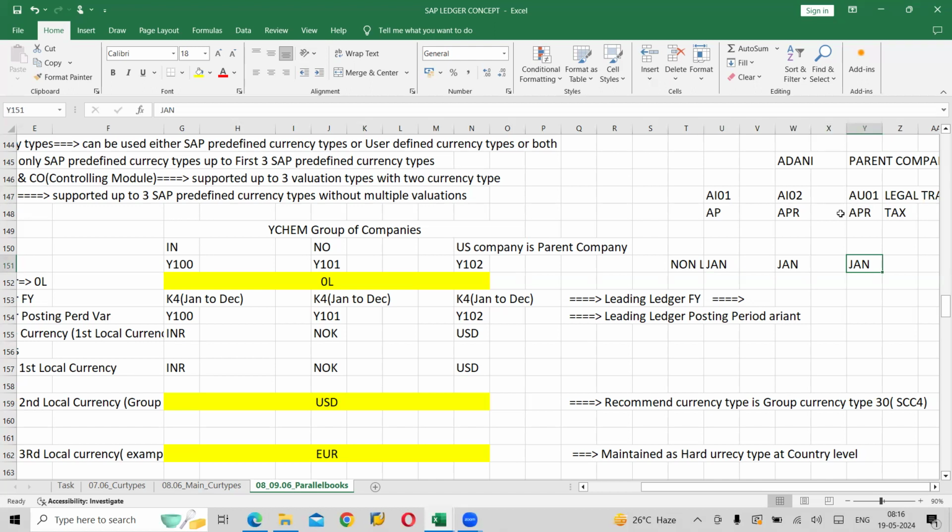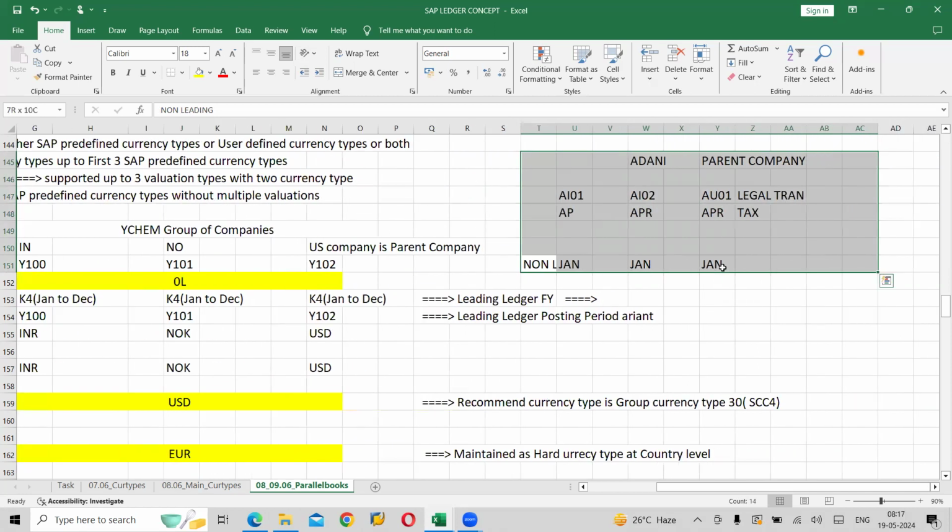What transactions will we do? Ledger-specific postings, which we saw. Only for year-end or month-end purpose we will do ledger postings, because my parent company is in India but I am doing transactions in other countries. For that purpose we can have other currency reporting. Clear?